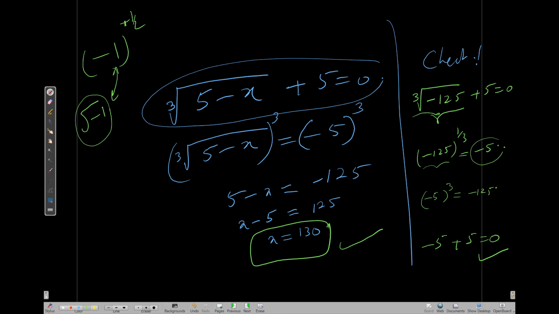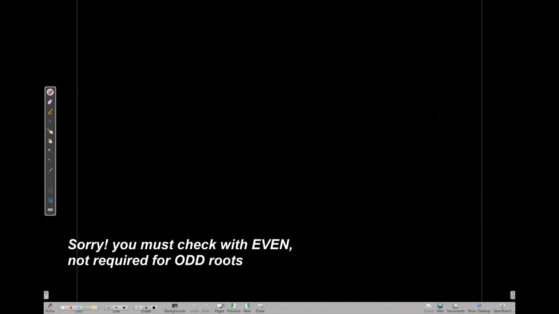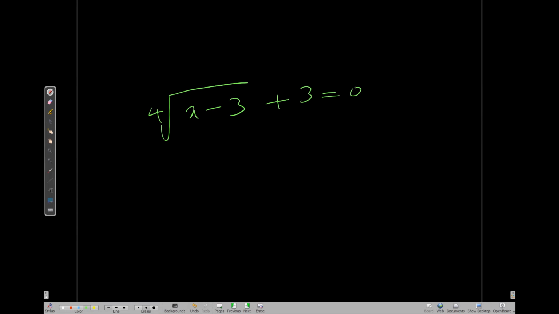How about... Now it's not necessary to check for odd roots, but in order to remember this, it's okay to always check. Let's see this example.